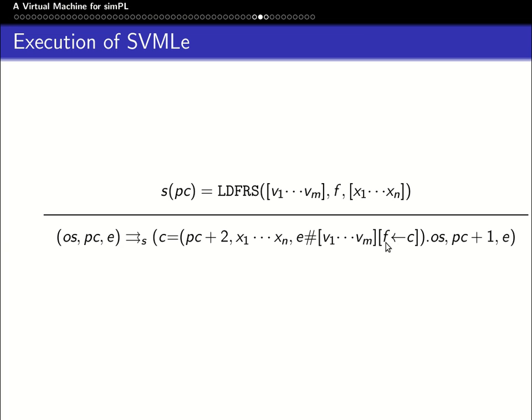F maps into a reference to this closure C, where C is exactly this thing, right? We're abusing the notation a little bit.